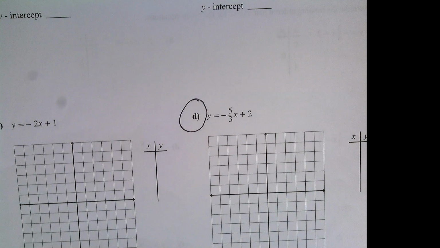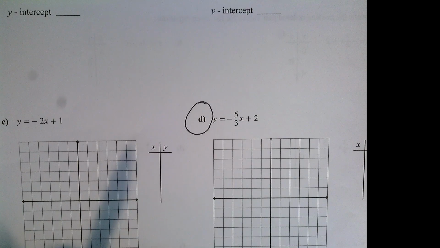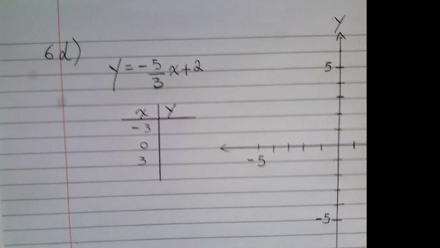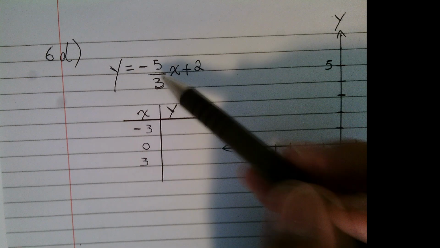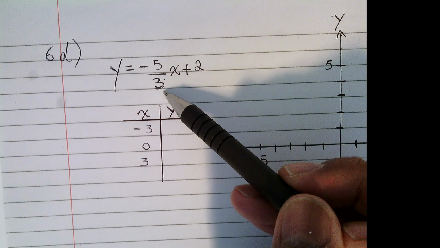I'm using 6D as an example, and as a matter of fact, for all questions you can do exactly the same thing. So this is 6D. I'm choosing this question because it involves a fractional term, this one, the fraction, which has a denominator of 3.